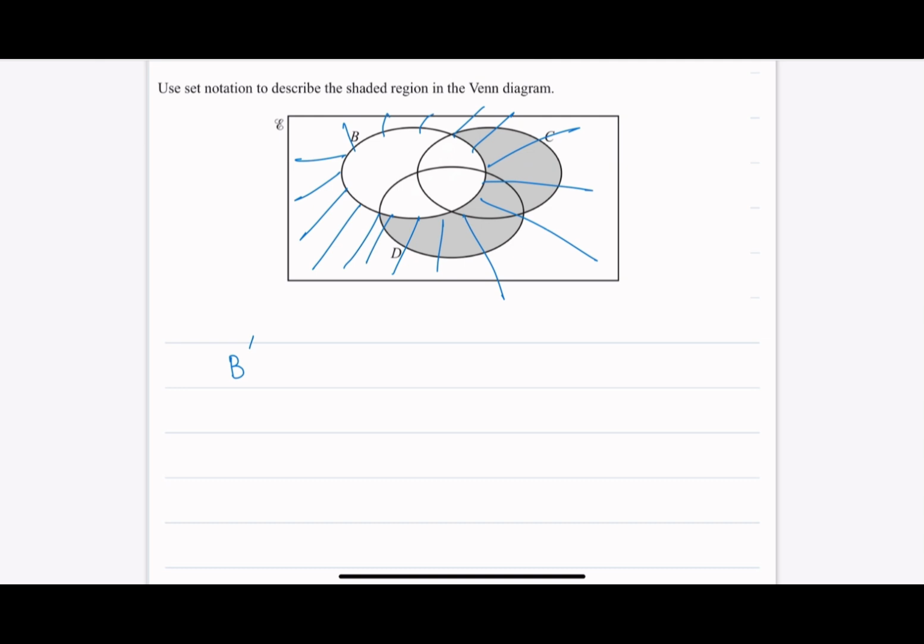And if I shade with a different color, C union D. So let me write that down. C union D means C and D. So if I shade C union D, this whole is C union D. Now, can you see the region that is shaded with the dark black ink, or was in the question, is actually the overlapping element between blue ink and the green ink, which means it represents the intersection.